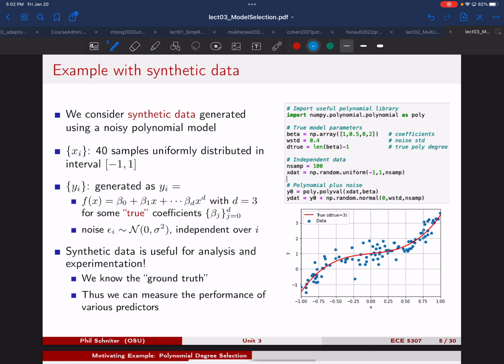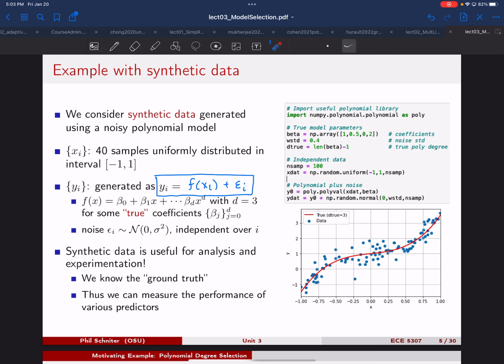The way we're going to generate our data is y_i is going to be some polynomial function f of x_i plus some noise epsilon_i that we're going to add, and we're going to generate that noise randomly from a Gaussian distribution with zero mean and variance sigma squared.